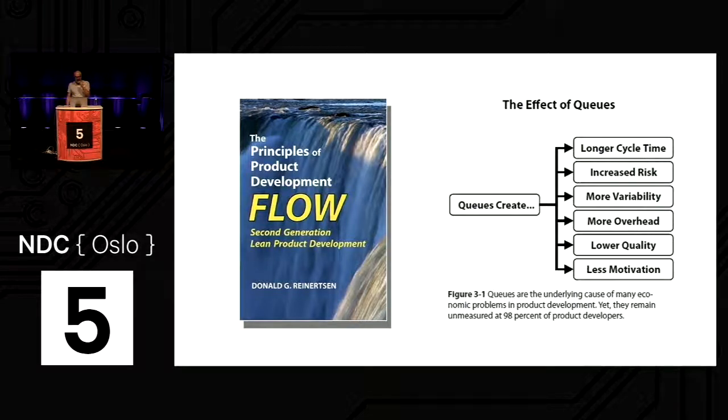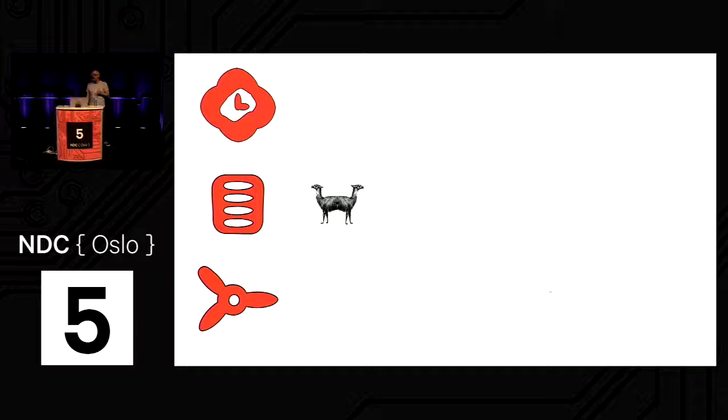I'm going to go a little bit more deeply into this idea of queuing for a moment. Lean people have identified a number of types of waste in systems. Queues are one of them. There is another fairly pernicious set of things that reduce our ability to improve flow.